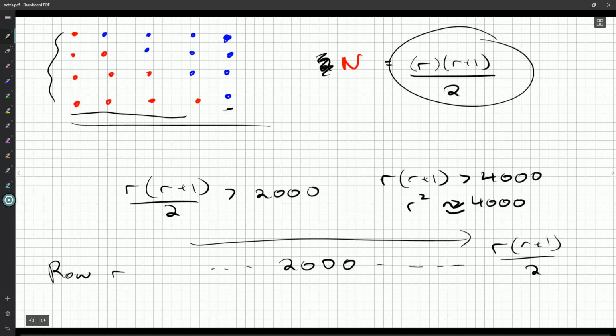And I see it's about 63. So I might try the 63rd triangular number, the 62nd, or maybe the 64th. But that should be about the row that 2000 is in. So let's try the 62nd, the 63rd, maybe even the 64th.